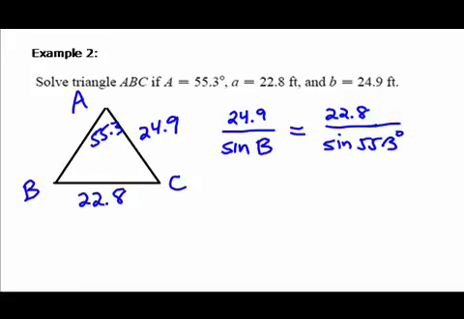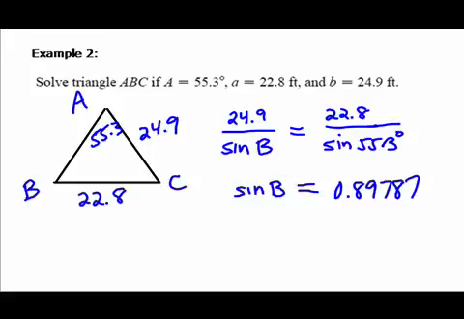And now we find out that the sine of B is equal to, when you multiply those two together and divide by 22.8, 0.89787. So far so good, right?